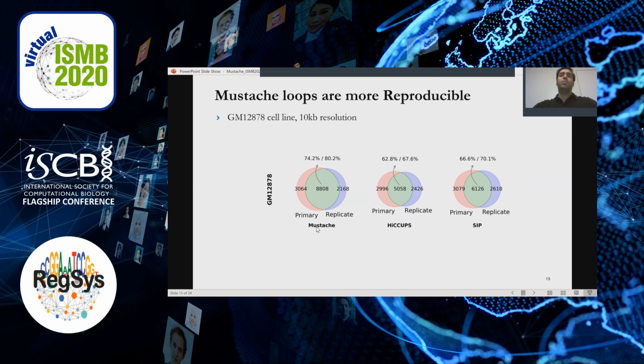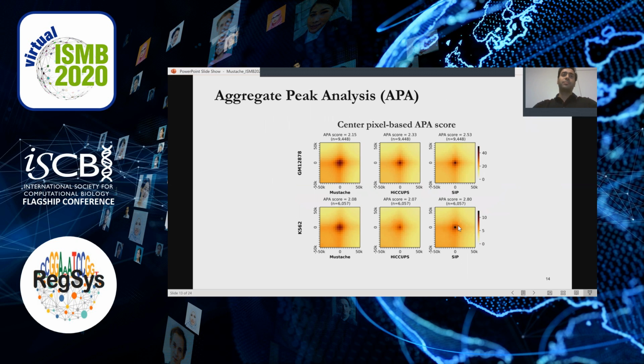Mustache loops are more reproducible. If we apply Mustache on the GM cell line at 10 kb resolution, on 2 replicates of the GM, we have a good overlap between the 2 replicates. 74% of one is overlapping 80% of the other, which outperforms the other 2 methods.